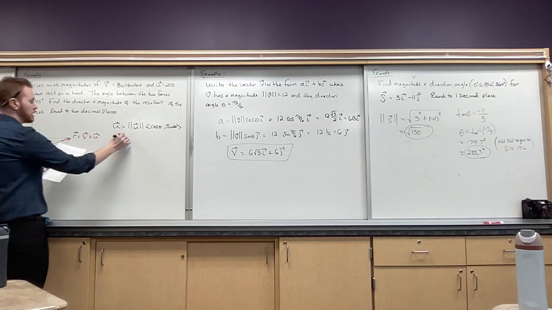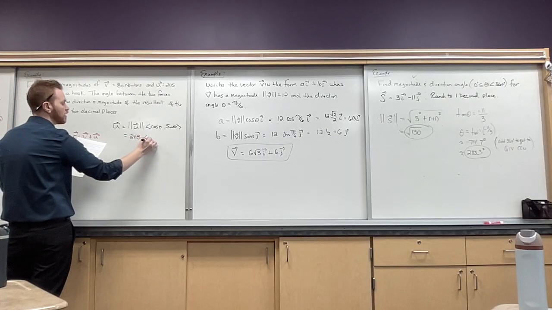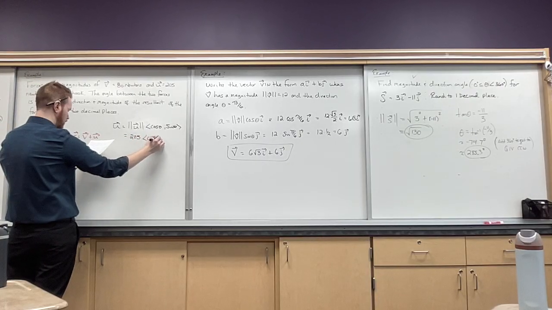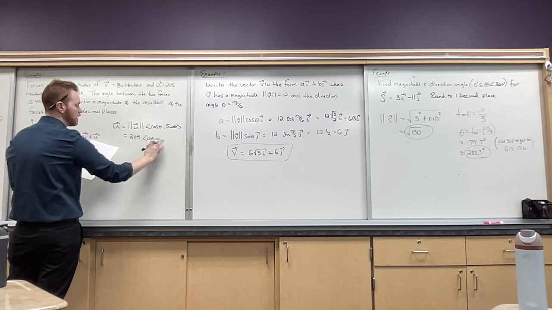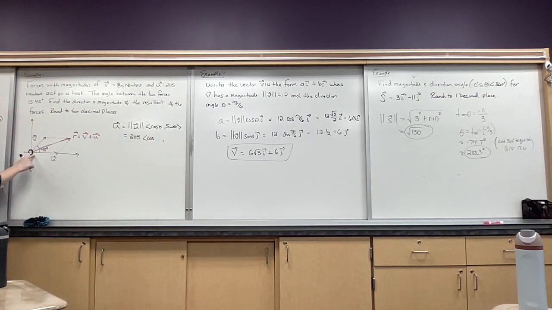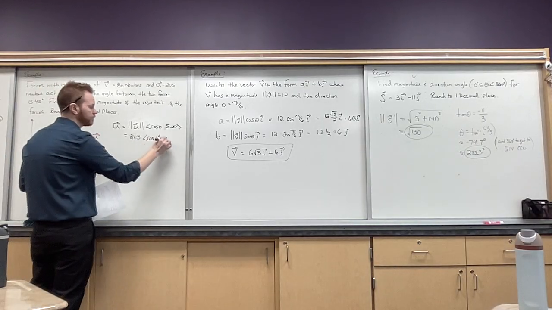So let's see what that's going to give me. So the magnitude they give me is 205. Cosine, okay, so it's going to be 45 degrees. Oh, not 45 degrees. Wait a minute. What's the angle for U? It's 0, isn't it? It's on the x-axis there. So it's 0 degrees.